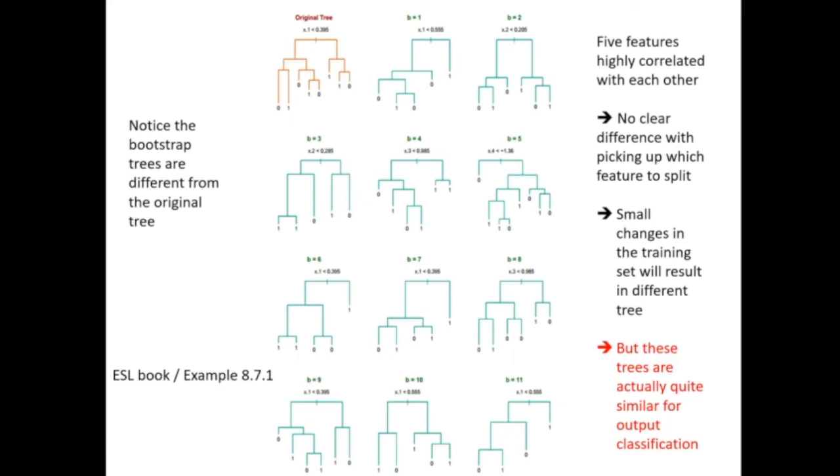But because of this data, in fact, the trees make very similar predictions. So even though on the surface the models look very different from each other, their decisions are almost the same.